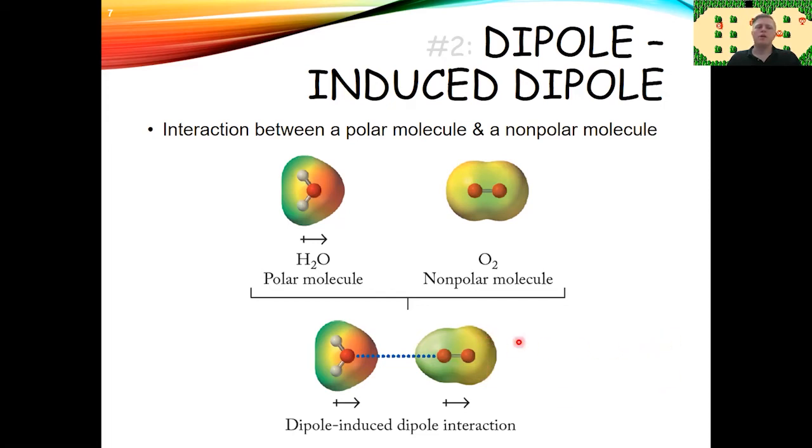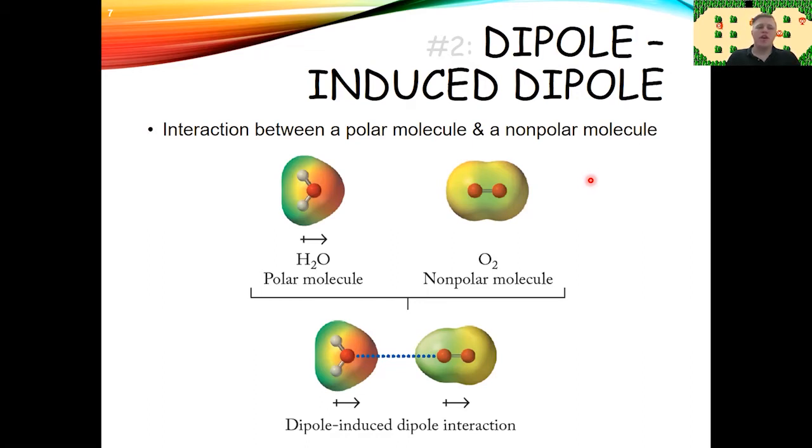So if another water molecule came in, its partial positive could see this partial negative. And this water could even come in at the O2 backwards, where the partial positive comes in. And in that case, if the partial positive is interacting with the neutral molecule, the partial positive is going to attract the electrons from the other molecule. So this is what we call a dipole, induced dipole interaction. It's our second weakest interaction.